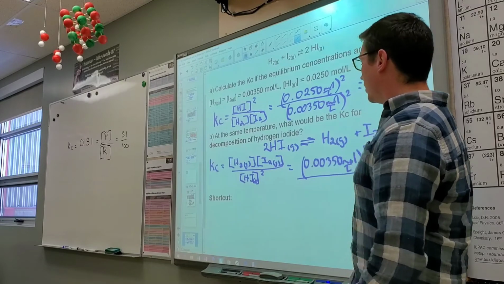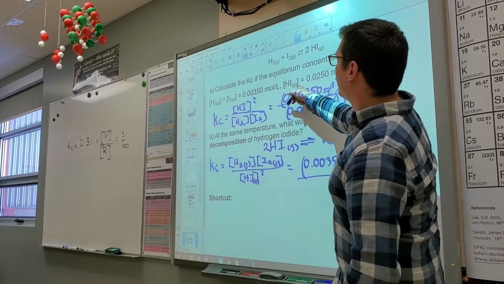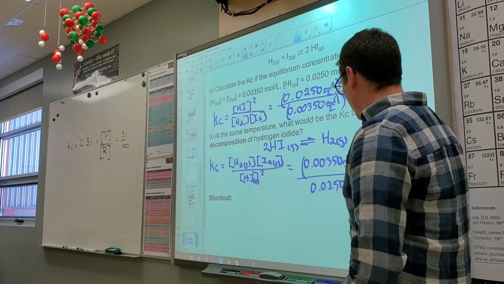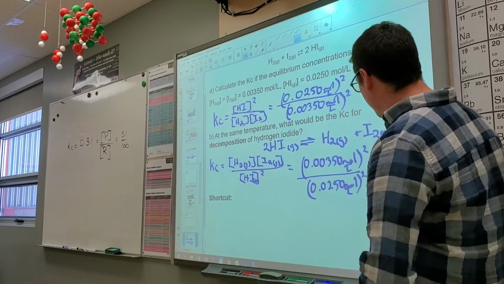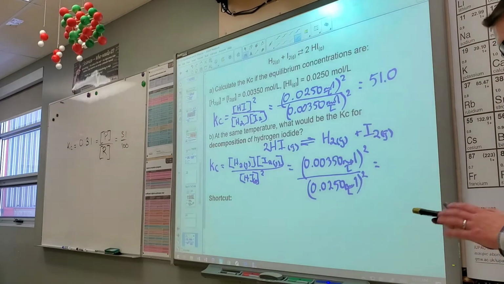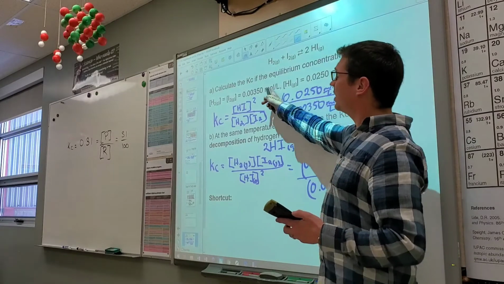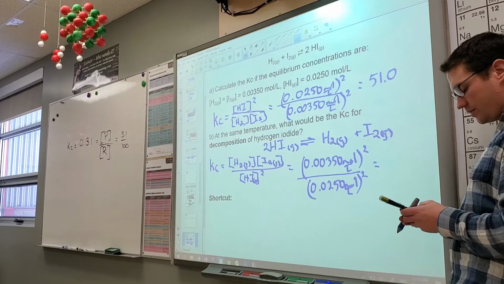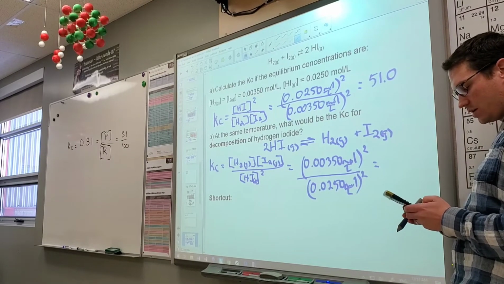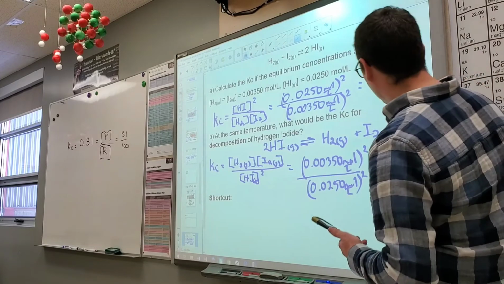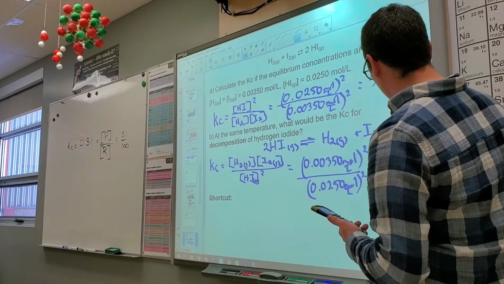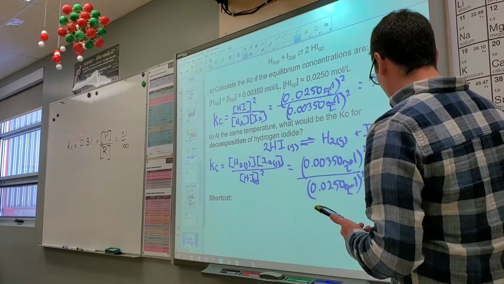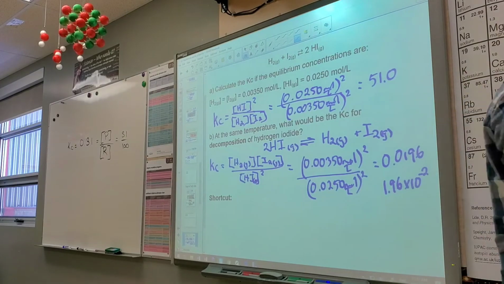And then the HI is 0.0250 moles per liter squared. All we're doing is plugging in this information into the problem. Good. 0.0196, or 1.96 times 10 to the negative 2.